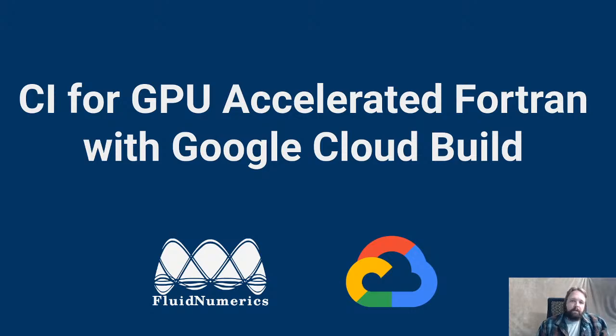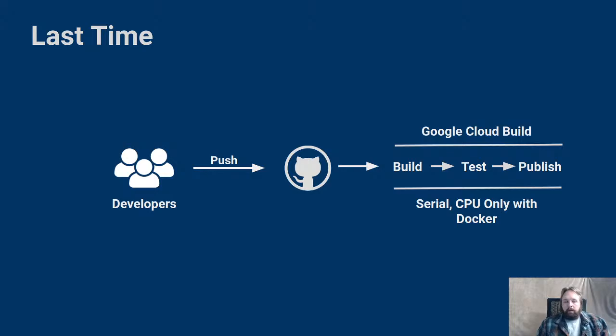I'm Joe Schoonover, of course, from Fluid Numerics, and today we're going to be talking about continuous integration for GPU accelerated Fortran applications using Google's Cloud Build. This is going to build off of what we did last week, where we had just done some basic work on setting up a very simple build pipeline where developers could push to a GitHub repository.